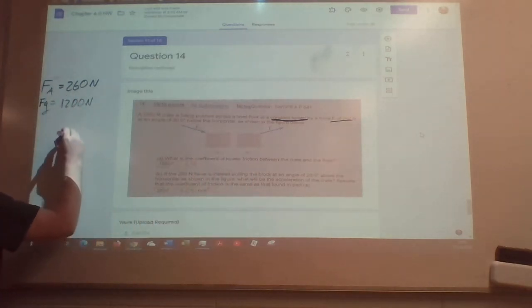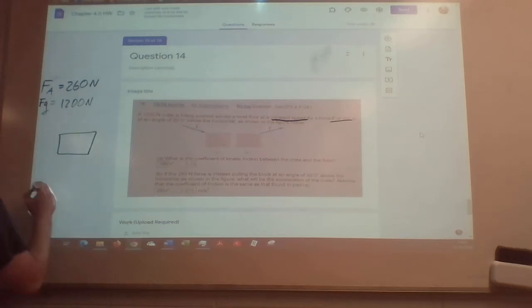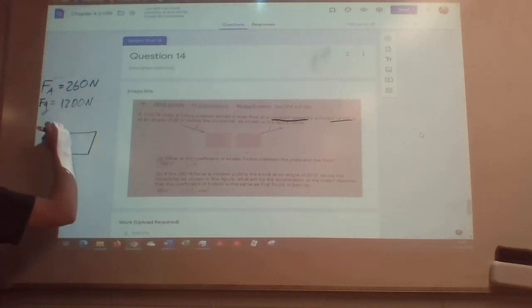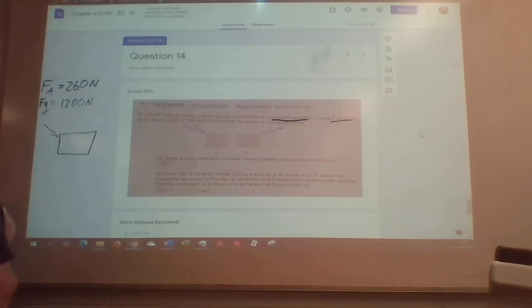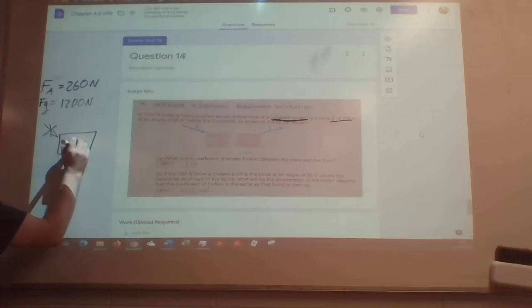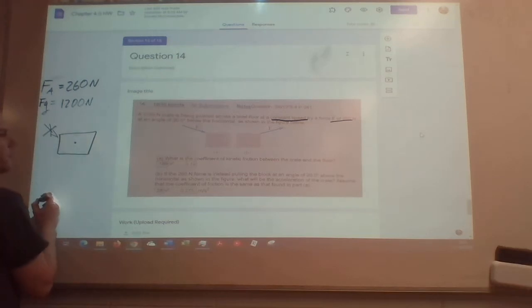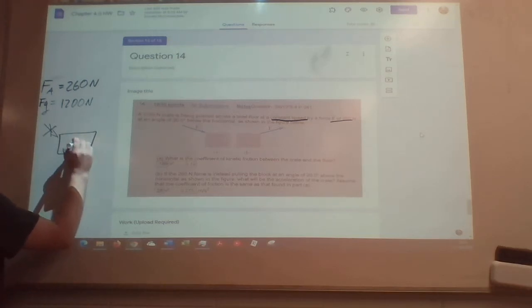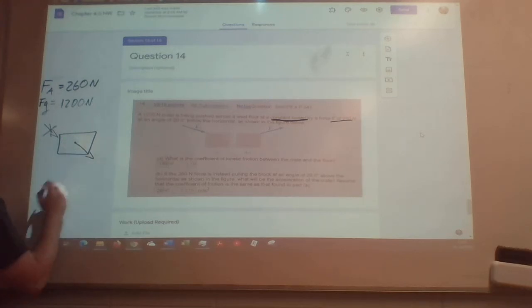So first we have in A where the crate is having the force applied this way. Now I'm going to move this arrow to here for reasons that will become clear later. So we have an applied force here. We have weight acting down.